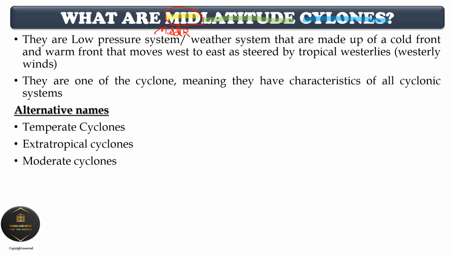Latitude takes you back to what you did in grade 4 when you started doing social sciences. You were taught about lines of latitude and lines of longitude. The horizontal lines are lines of latitude and the vertical lines are lines of longitude.